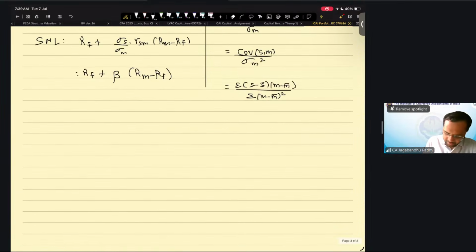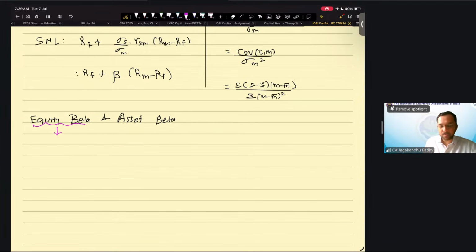One more concept which we have is equity beta and asset beta. So equity beta is the systematic risk for equity shareholders.